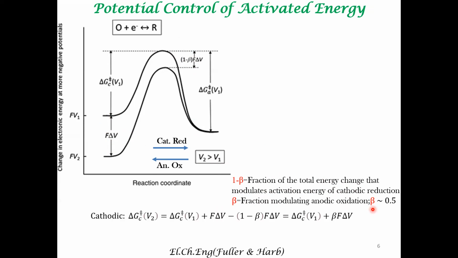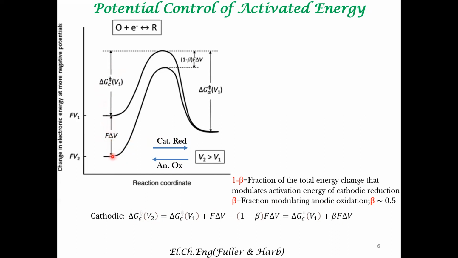Let's look at the change in activation energies in the cathodic reaction and the anodic reaction. The activation barrier at a potential V2 can be obtained from the activation barrier at potential V1 plus the change in energy because of change in potential. Okay, so this is the direction we are considering, right?